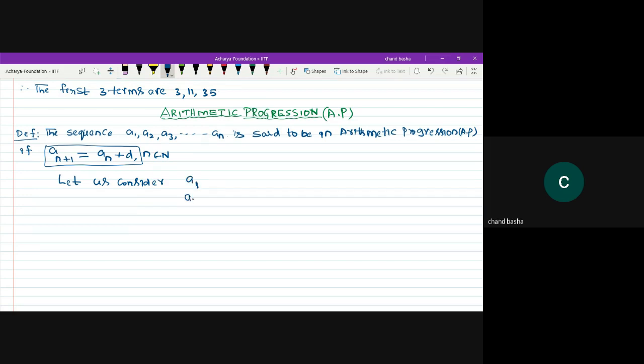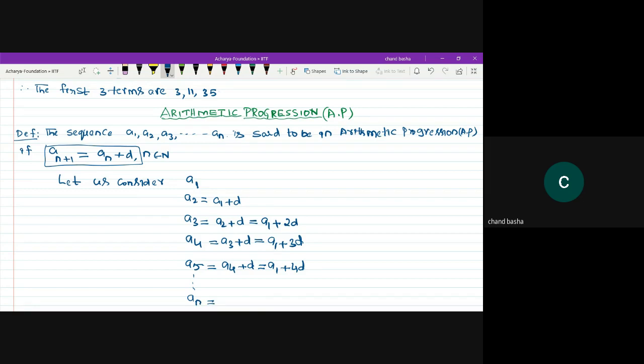Next, A2 is equal to A1 plus D. A3 is equal to A2 plus D, or we can also take it as A1 plus 2 times D. A4 is equal to A3 plus D, which is A1 plus 3 times D. A5 is equal to, listen carefully guys, A4 plus D or A1 plus 4 times D, and so on.